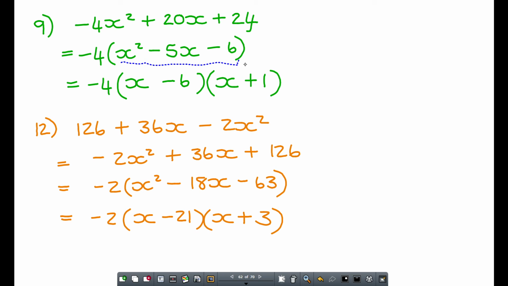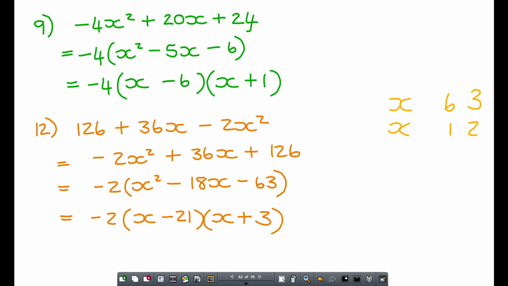So factors of term 1 would be x times x. And factors of 6 will be either 6 times 1 or 3 times 2. Now, this part is important. Have a look. We said x times x, and then our factors could be 6 times 1 or 3 times 2.